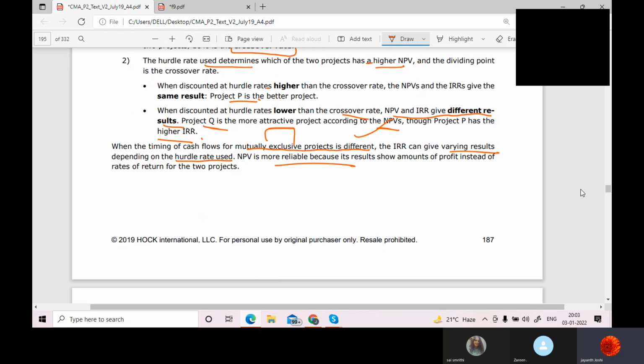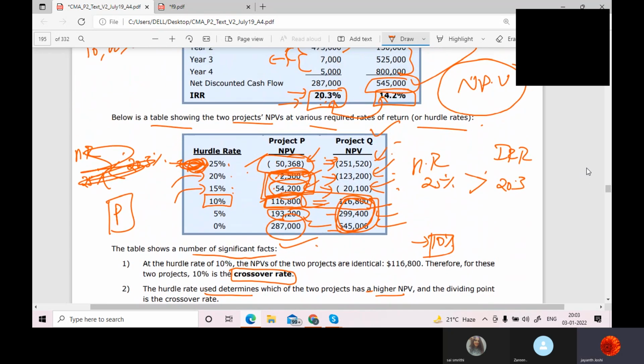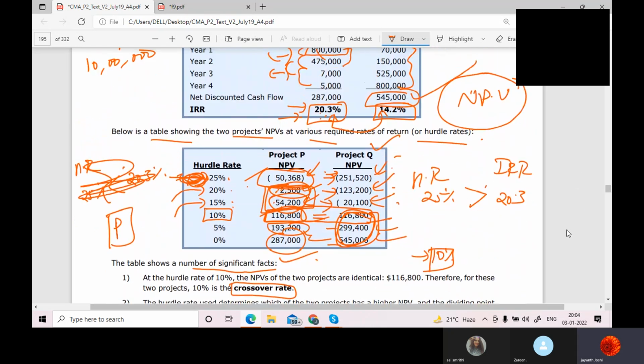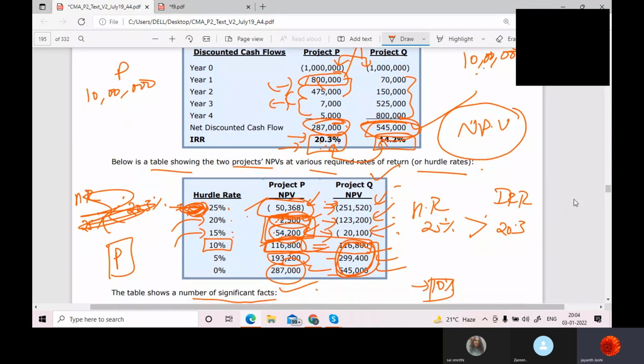Okay, so in any case project P is the better project. Why is it better? See, in these two cases, both are good, because this is also giving you positive NPV, this is also giving you positive NPV. But here the IRR is also more.